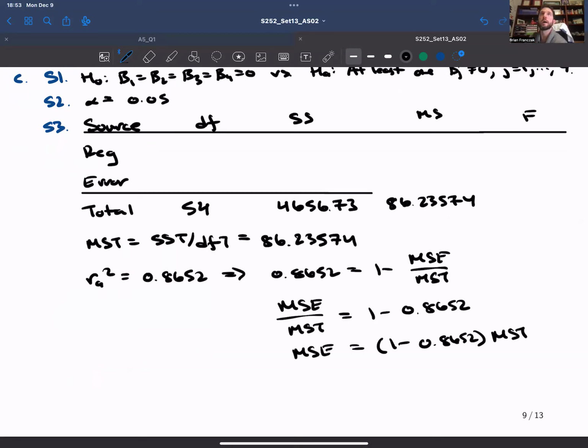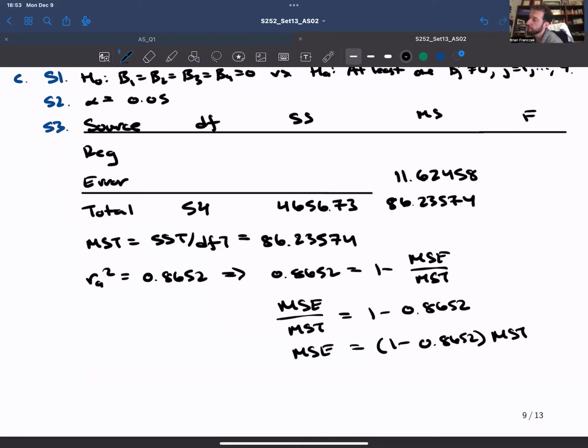So if we do that calculation, we have 1 minus the R squared times MST. This gives us the MSE, which is 11.62458. All right, so to get that value, I've just rearranged the adjusted R-square formula.